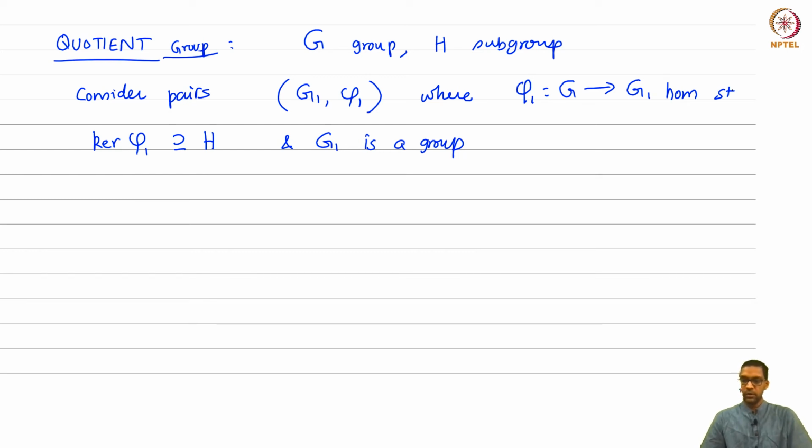Now consider all such pairs. For example, there is one obvious such pair.